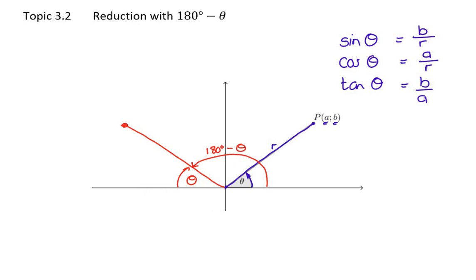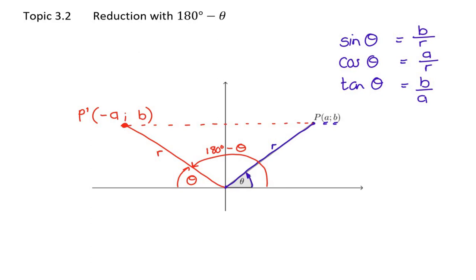Now what point does that land me at? I'm going to call this point P dashed. You'll notice that the y value remains constant because you haven't changed the vertical level, so that's still b. But this reflection over the y-axis means that the a value becomes negative a, so that's the x coordinate. The r value would remain the same because r just represents the distance from the origin, so that doesn't change.